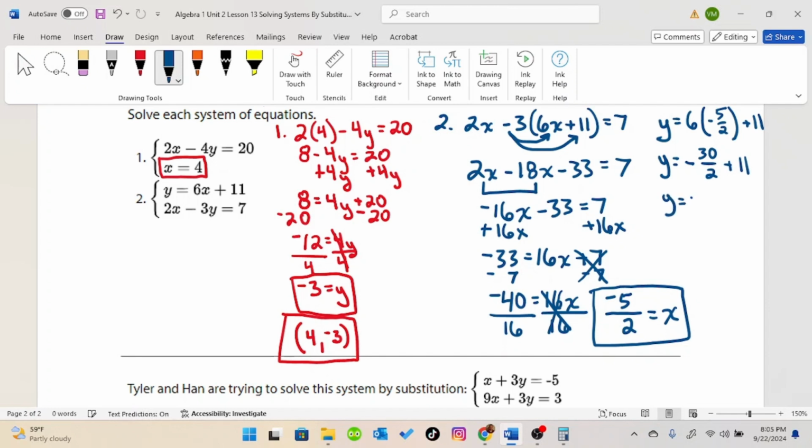Negative 30 halves is negative 15. And negative 15 plus 11 is negative 4. So y equals negative 4. That means our overall solution is the point negative 5 halves, comma, negative 4. These two lines will cross at this point on a coordinate plane.